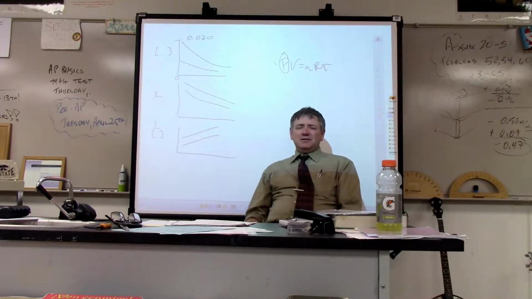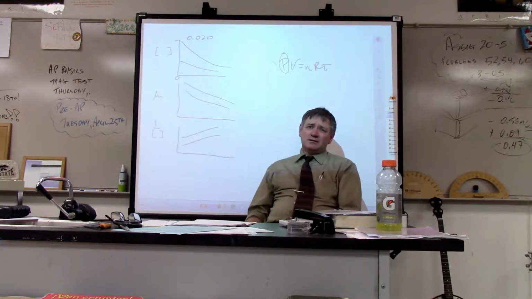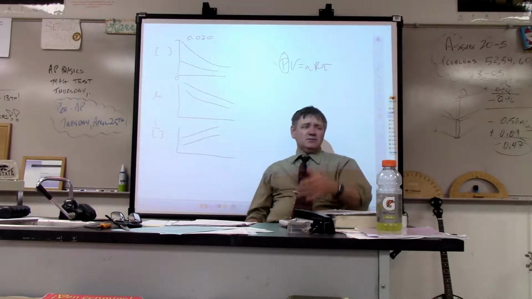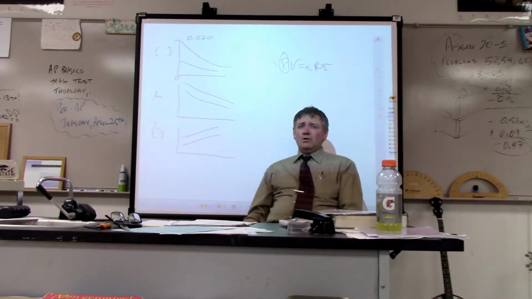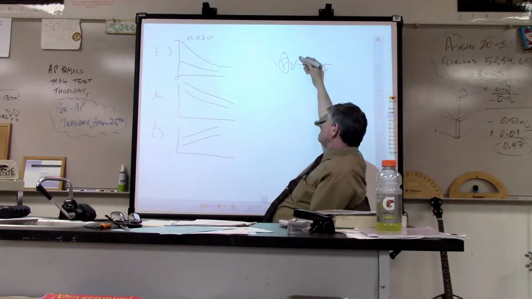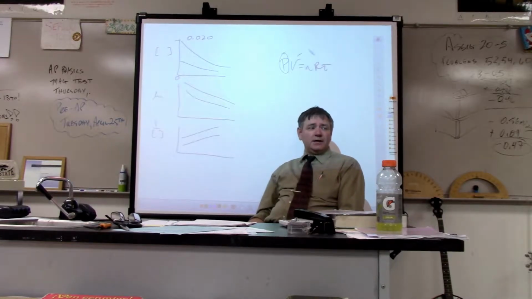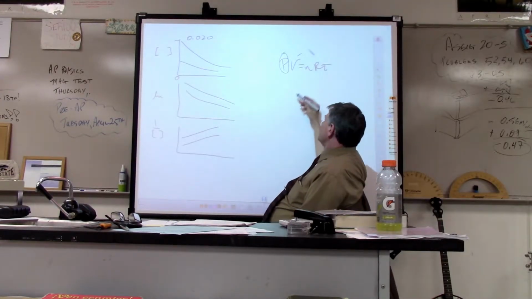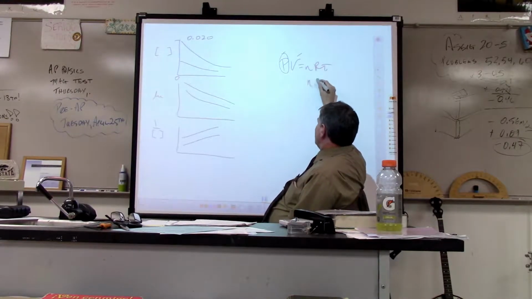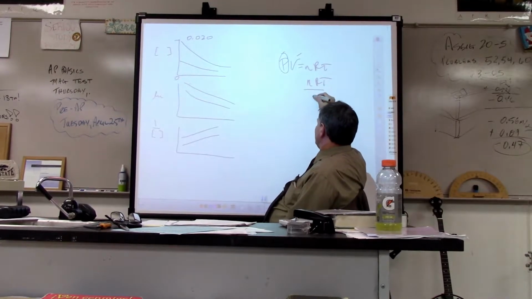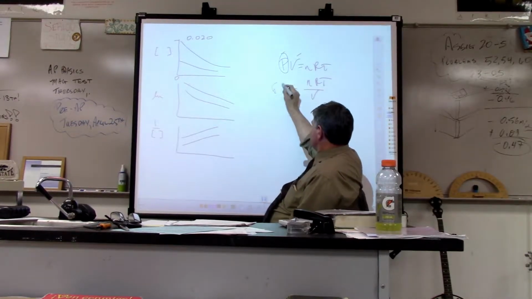Well, look, what's on the left side? What are those units? Moles per liter. So if you're clever, what are you letting the volume be? 1 liter. Okay, that's kind of cool. So you've got nRT over volume equals pressure.